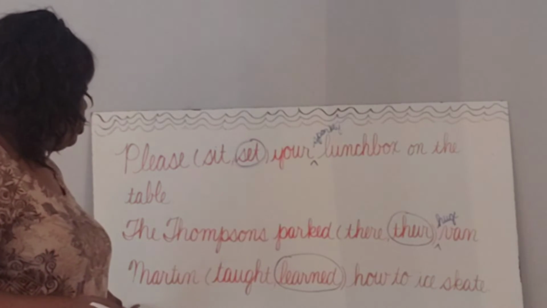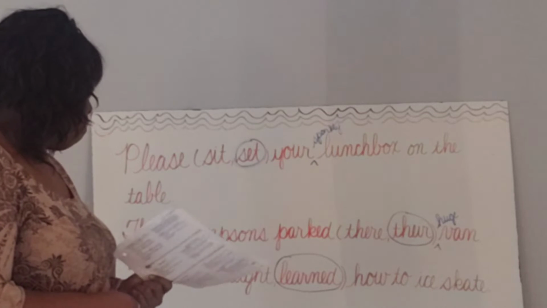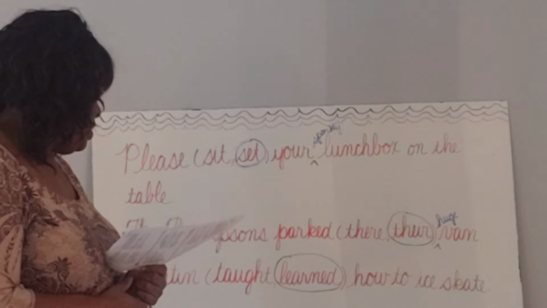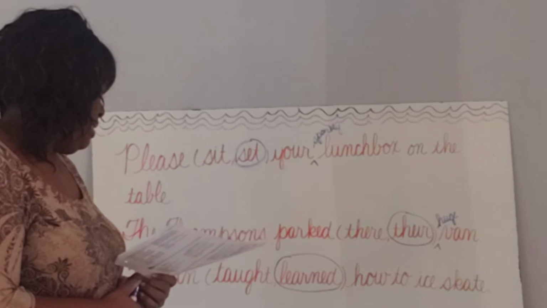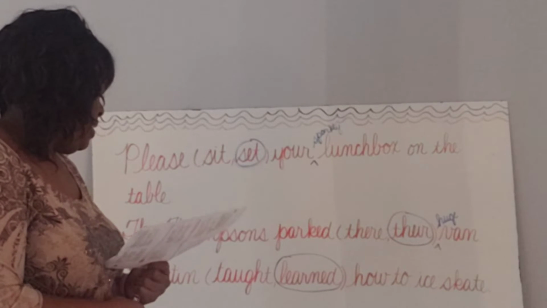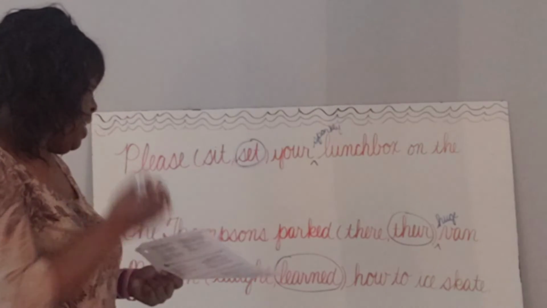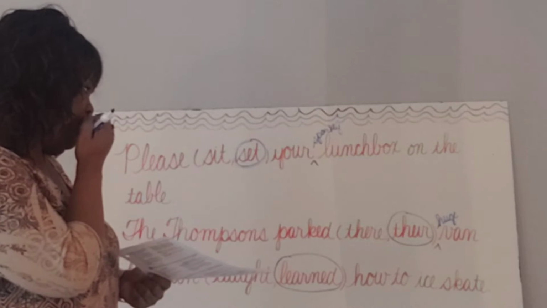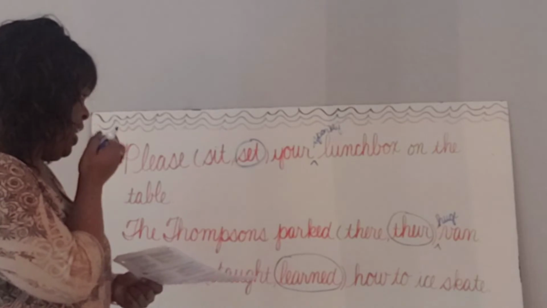Then Martin learned how to ice skate. We could say, oh, that's a hard one to do an adjective because, maybe we'll just do it for Martin because I can't think of one for ice skate.